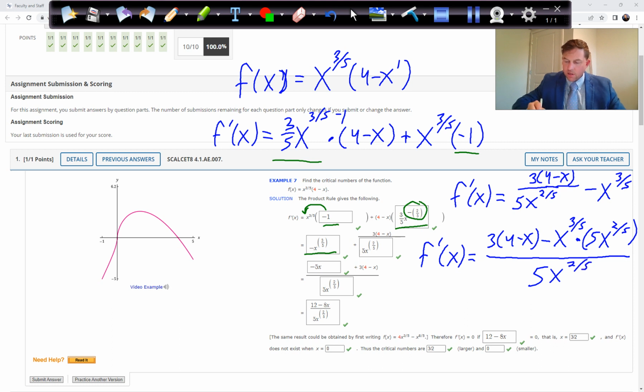So it's just creating a common denominator. So we'll multiply and divide the right term by 5x to the 2/5. And we'll get f prime of x equals 3 times 4 minus x minus 5. Now this is nice. X to the 3/5 times x to the 2/5 is the same.